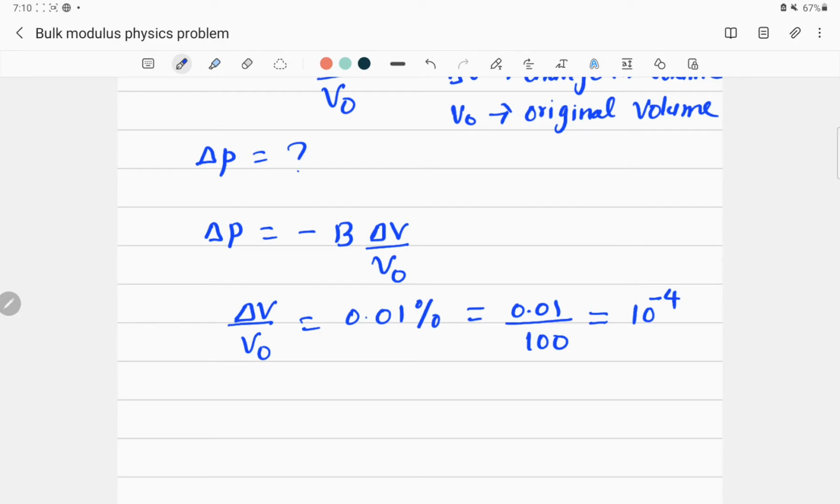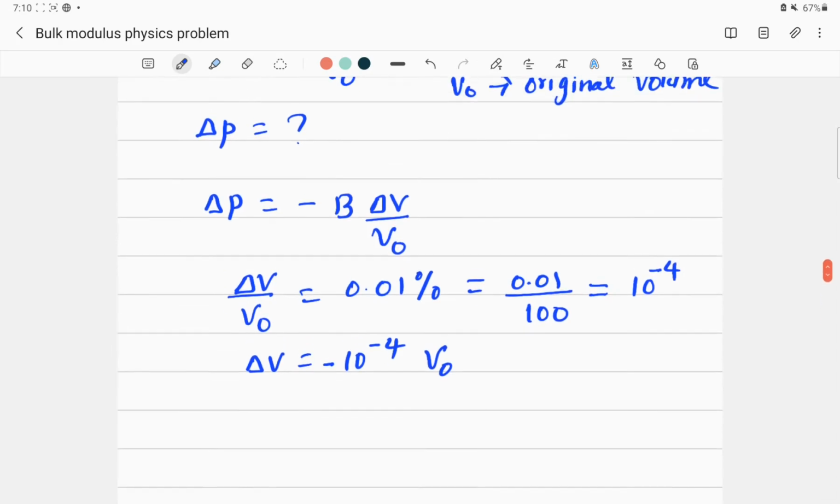So ΔV is equal to negative 10^-4 V naught. It is negative because the volume is decreasing.